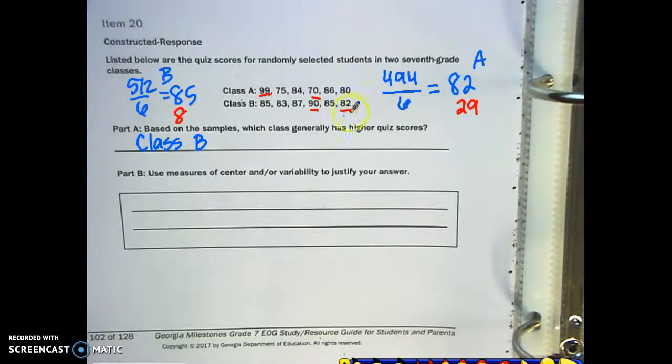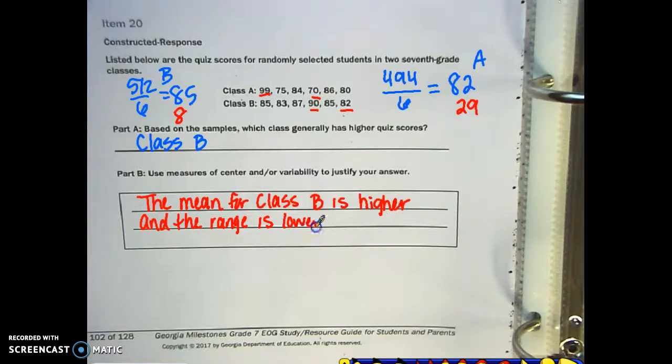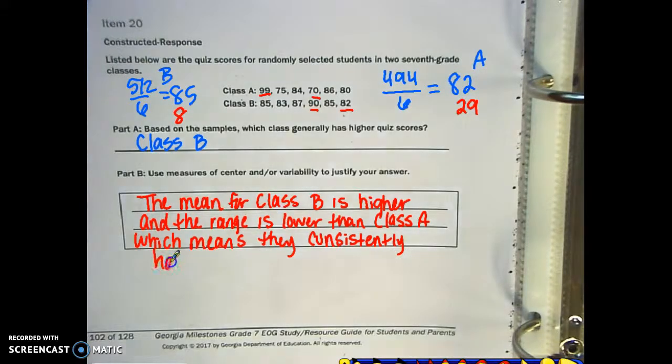Whereas Class B, they're closer together and these scores are higher than Class A. So the mean for Class B is higher and the range is lower than Class A, which means they consistently or generally have higher quiz scores.